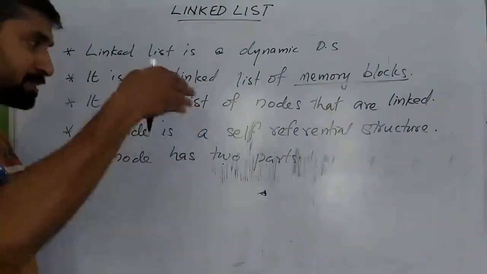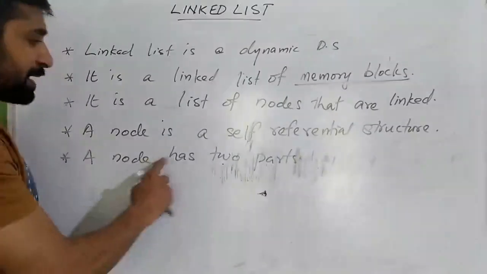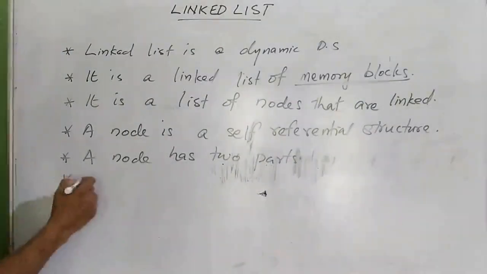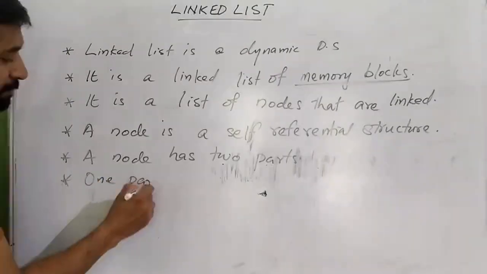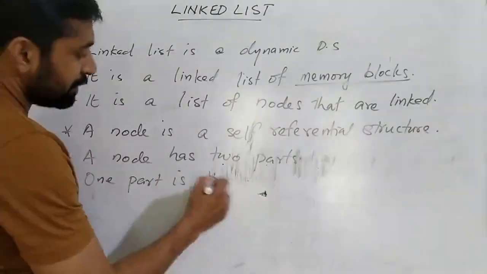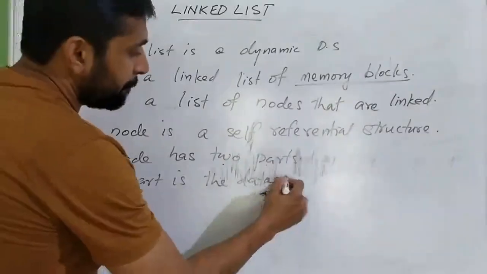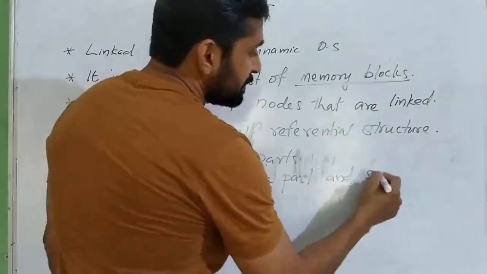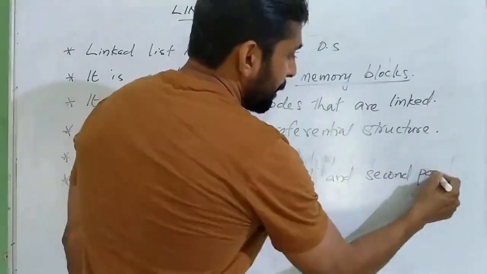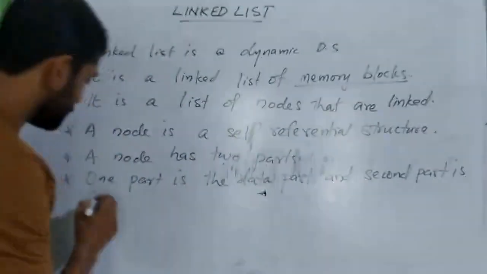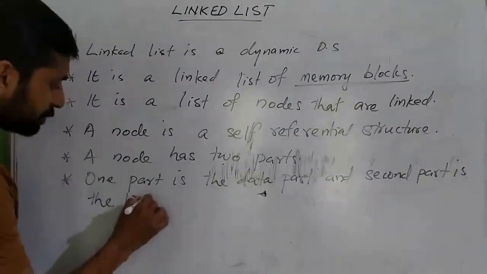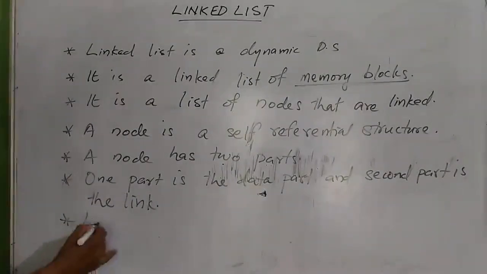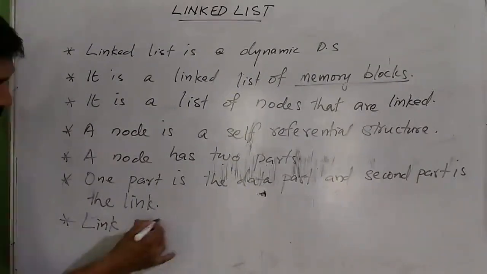When you look into the structure of this node, you can see two parts. One part is the data part, and the second part is the link part.